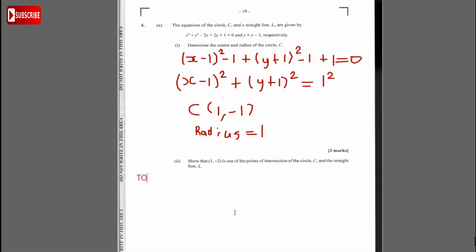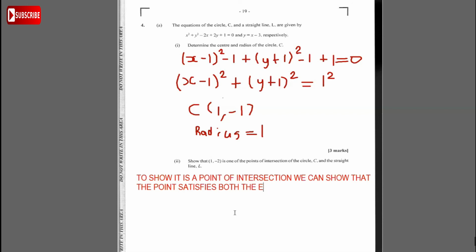So to show it is a point of intersection, we can show that the point satisfies both the equation of the circle and the line. So without doing too much work, let's do that.